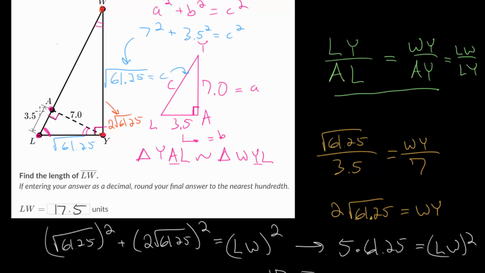And if you set up your Pythagorean theorem with this triangle here, this essentially middle-sized triangle in these three triangles here, then you will square the hypotenuse, you will subtract this side squared, and to find AW, you will take a square root of that, and what you'll find is that AW is 14, and to find LW, you can add 3.5, and you'll end up at the same answer, 17.5. So that's one way to verify or to check that this answer does make sense.